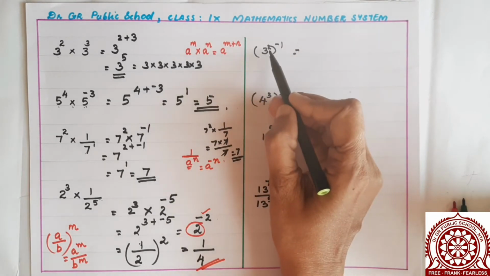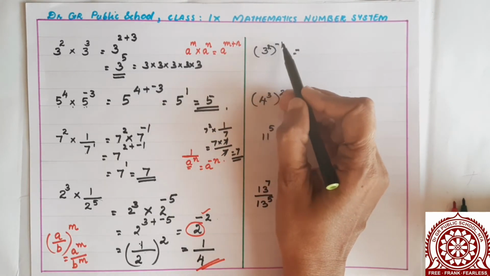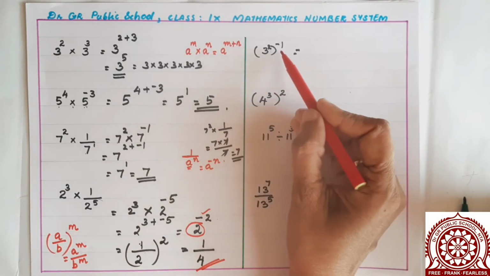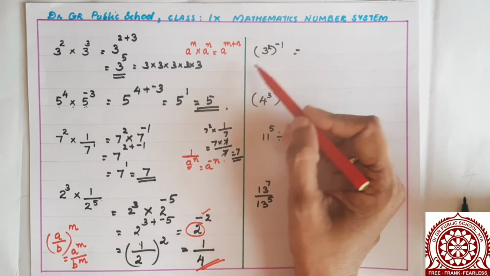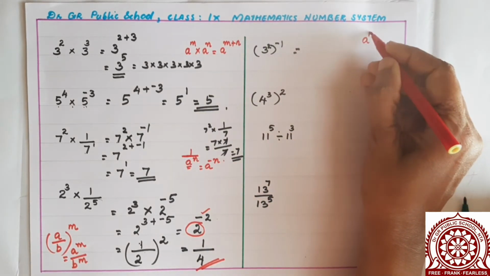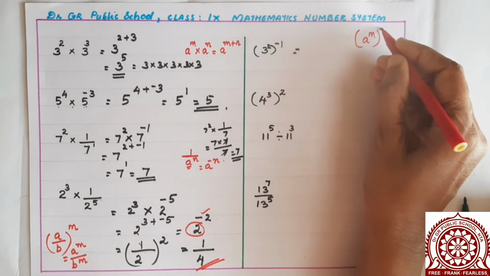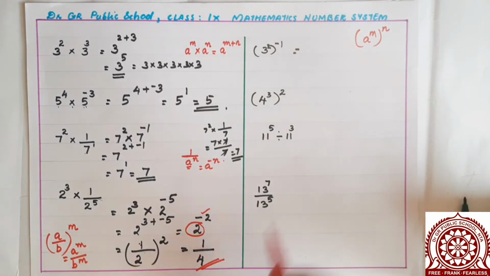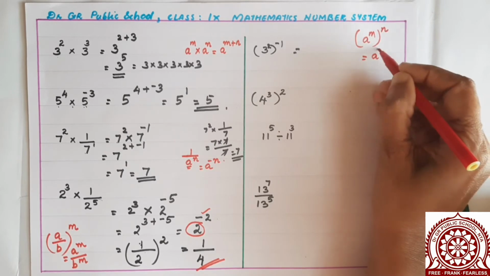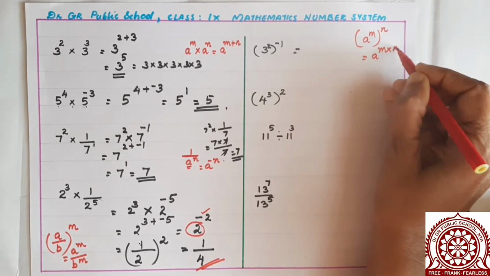3 raised to 2, the whole raised to minus 1. Which law of exponent can be applied? A raised to m, the whole raised to n. More powers. What is A raised to m, the whole raised to n? A raised to m into n.